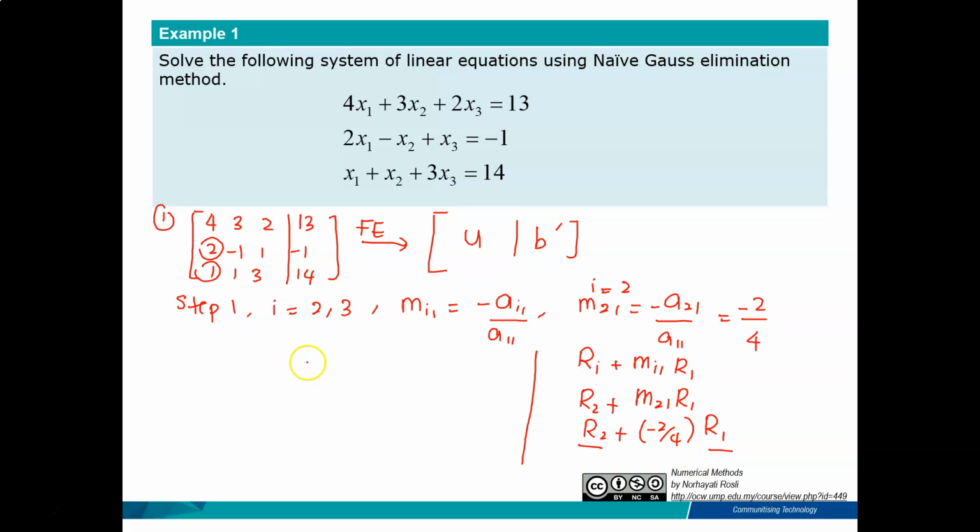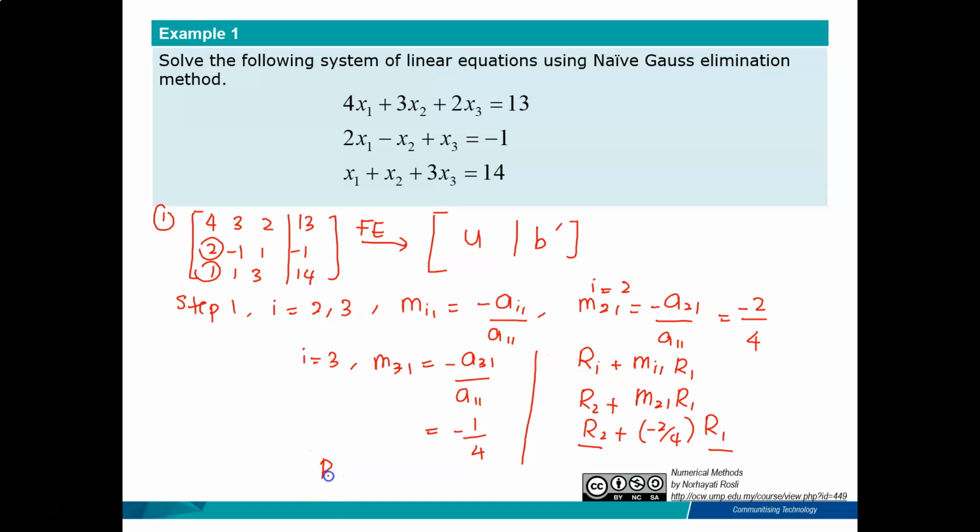And then class, if we have i equal to 3, you will have here m31 equal to negative a31 divided by a11. That is equal to negative, our a31 is 1, so negative 1 divided by a11, which is 4. And our row operation formula is Ri plus mi1 R1, where i now is 3.